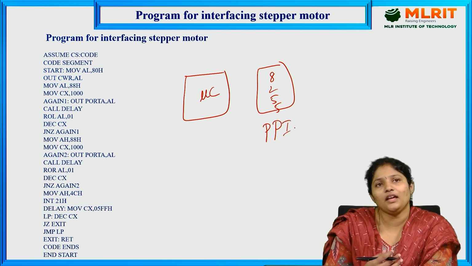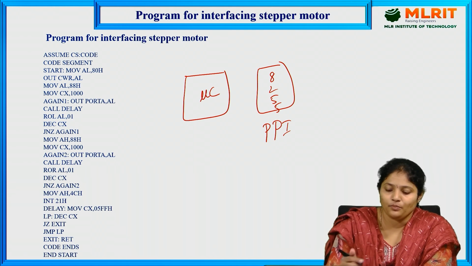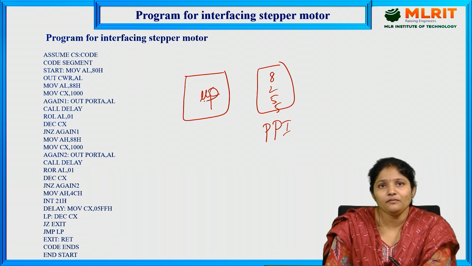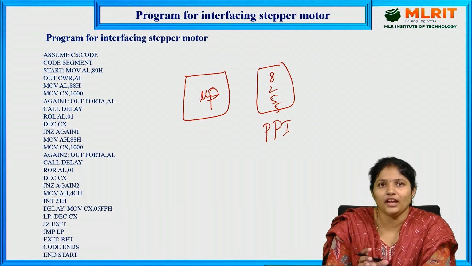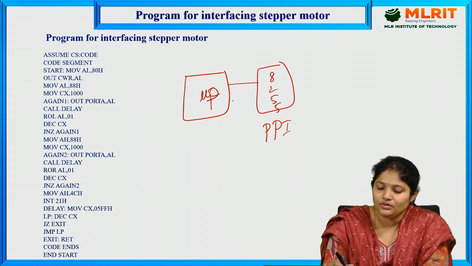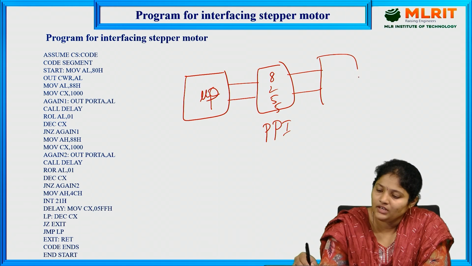We can't directly interface any input-output devices to the microprocessor. We need to interface the microprocessor to the input-output peripheral devices only by using the 8255 programmable peripheral interface. So the inputs will all be connected to the 8255. From the 8255 we need to connect the stepper motor.